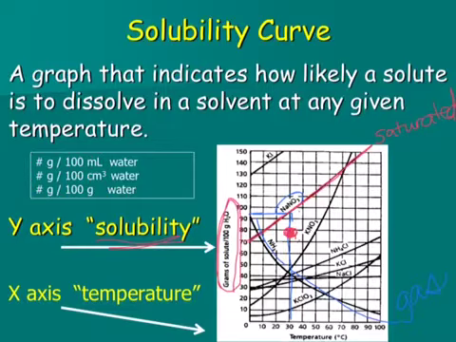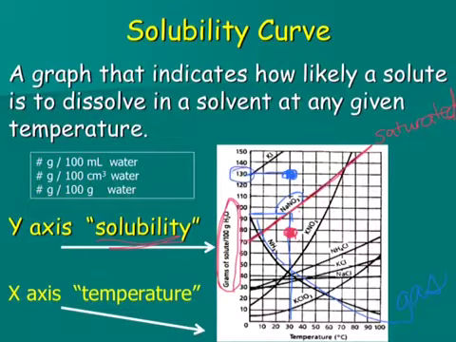Now check out above the line. I know what you're thinking. If we had a point up here, you're just going to say, oh, it's supersaturated. No, not always. Sometimes, if the point is above the line and they tell you that it's all dissolved, then yes, it's supersaturated. But this could also be saturated above the line. Think about it. I put 130 grams, because I go over here and find the 130.